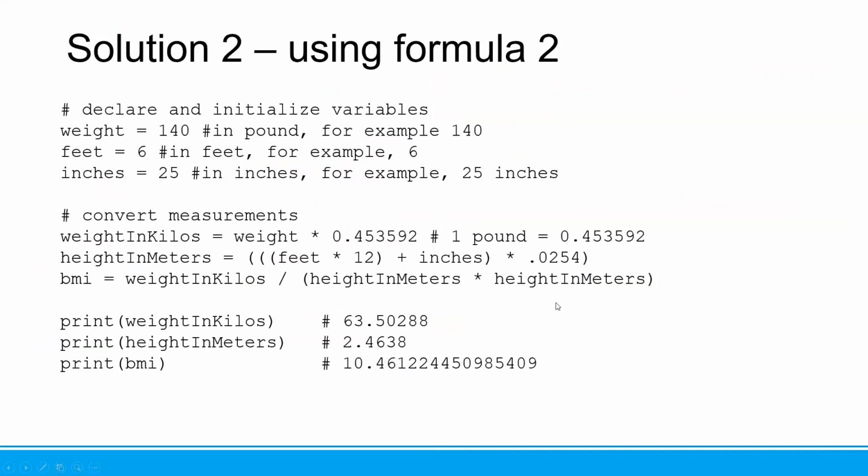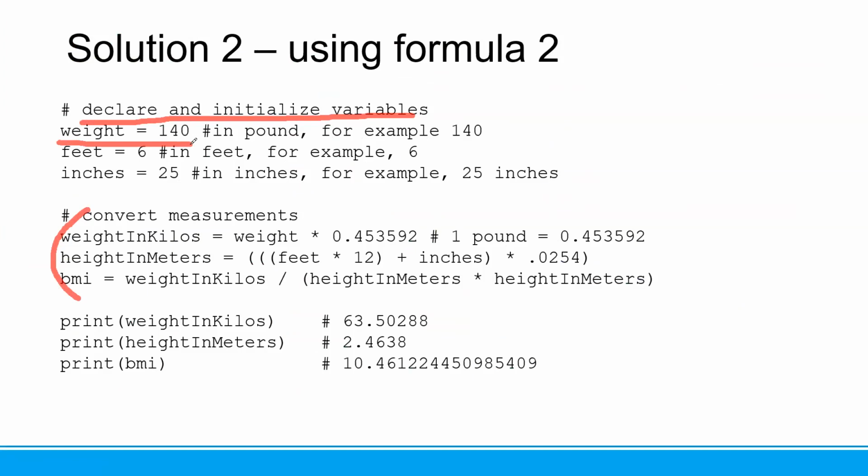What about if we use the formula 2? So I want to change from the pound and feet and inches to kilogram and meters. Okay. The same idea. First, we just declare and initialize the variables. The weight equals to 140.